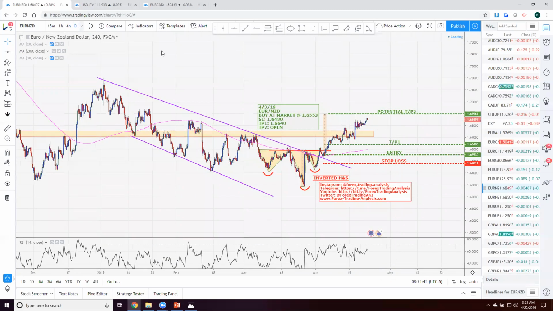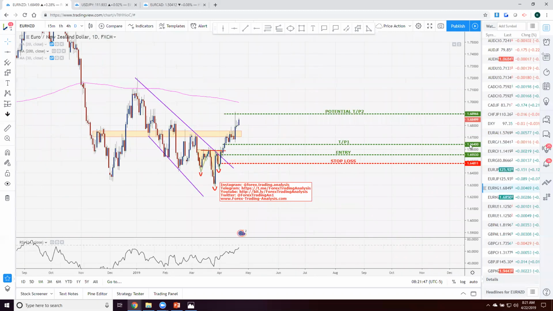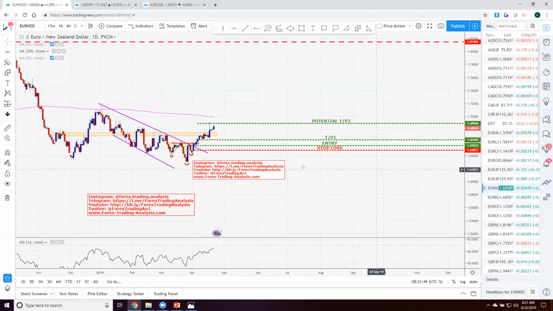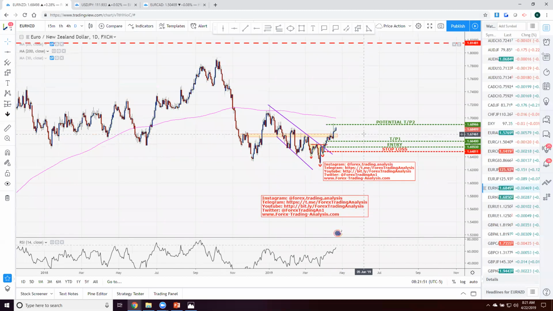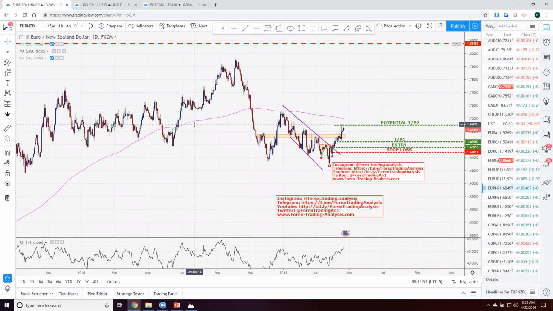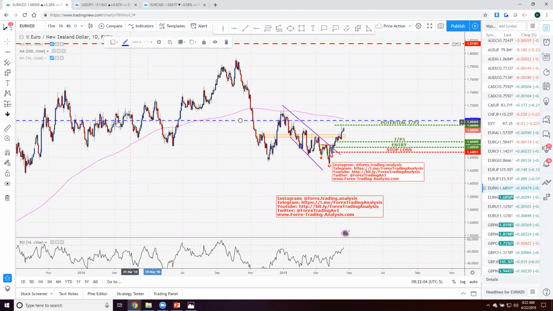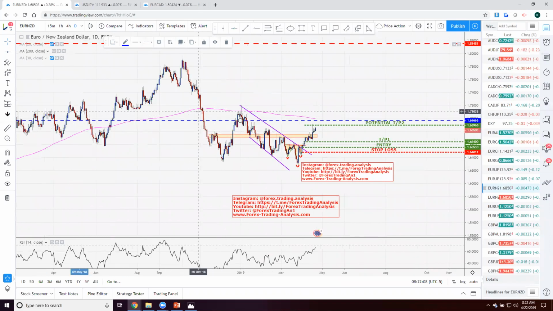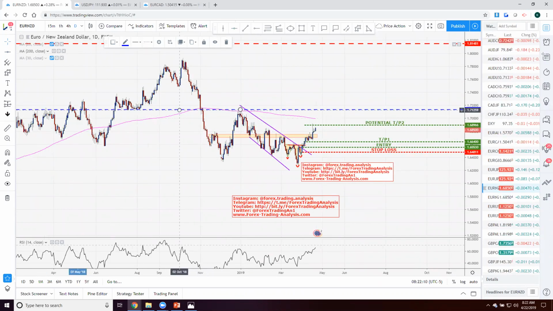From here, still watching to see what the potential possibilities are. Haven't seen resistance again. There's a lot of choppiness, so it's hard to really pinpoint a good area.